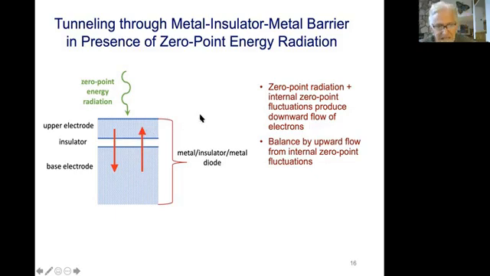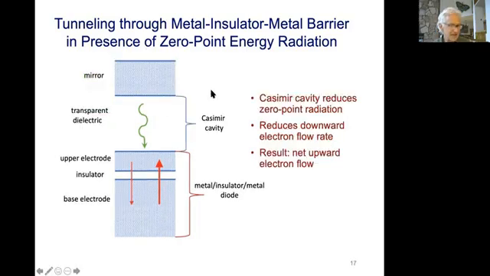But what happens if we do something? Now what happens if we add to this a Casimir cavity? So we're adding to this a Casimir cavity on top. And we just found out that a Casimir cavity reduces the allowed wavelengths between these two mirrors, so that there's less energy here than there would have been in free space, because it restricts the vibrations on the guitar string, if you like.